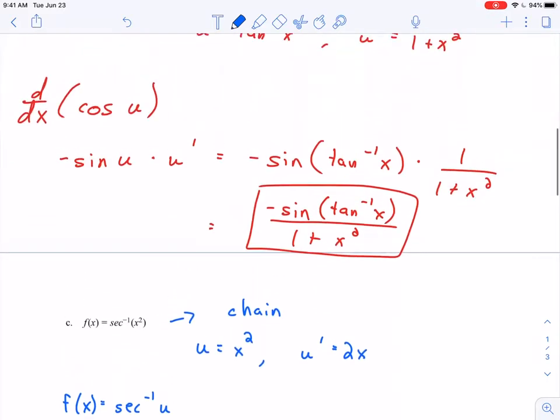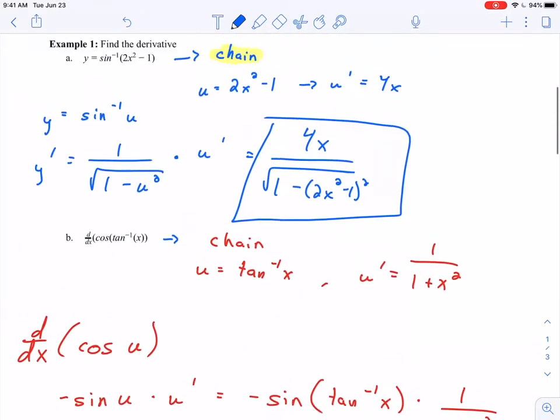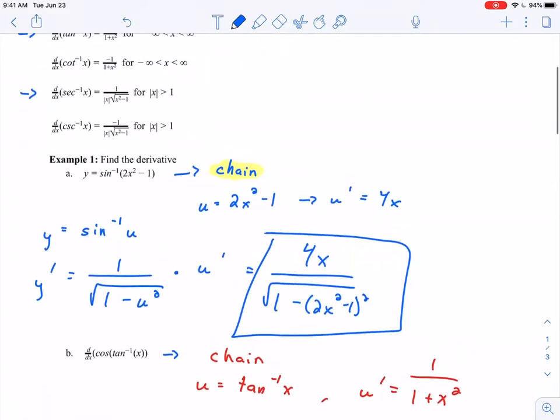Here I might just need to take a peek at the derivative of secant inverse of x, and I would encourage you to have these written down next to you as you're working on the homework, just because we will probably need to refer to these from time to time. Secant inverse of x is just a little bit different this time. It says 1 divided by the absolute value of x times the square root of x squared minus 1.